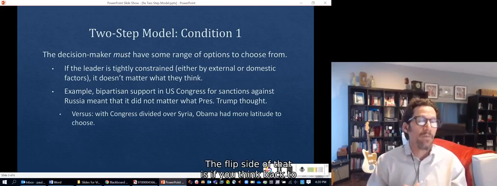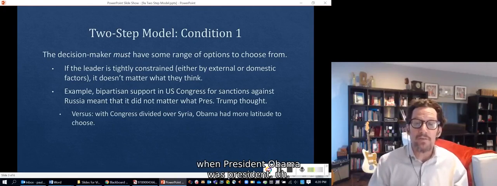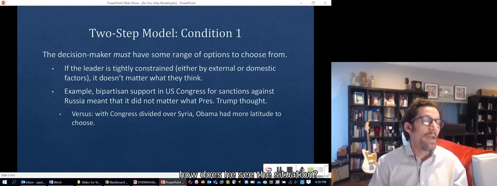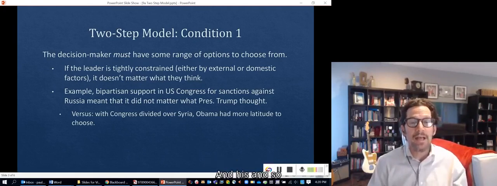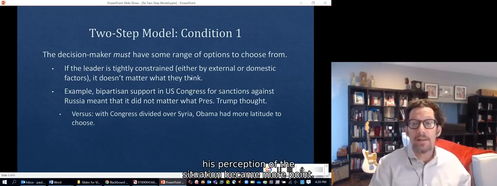The flip side of that is, if you think back to the crisis over the Syrian civil war, when Obama was president, Congress was kind of divided over whether we should get involved or not. And with Congress divided, Obama could have chosen either way. And so therefore you had to ask, how does he see the situation? And so his perception of the situation became more important.